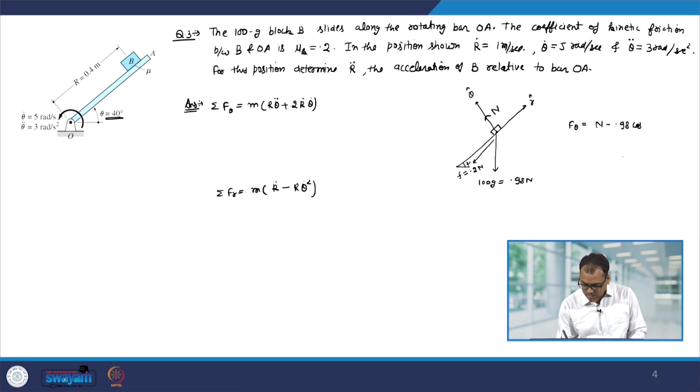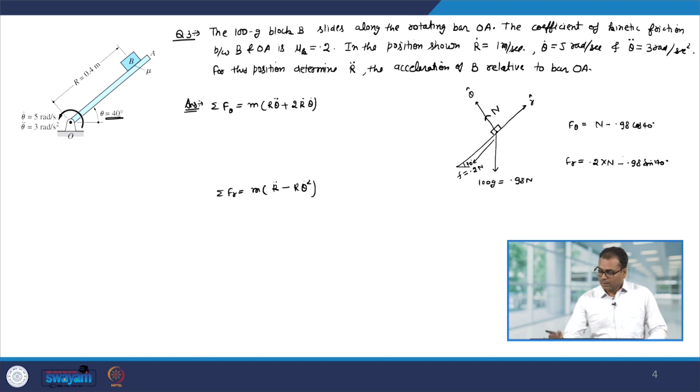So, this angle is 40 degree, therefore, cos 40 degree, and f r, the force along the r direction, is the frictional force, which is 0.2 into n, and n is something that we do not know right now. So, let us write it as 0.2 n minus 0.98 sin 40 degree. So, let us use this equation.